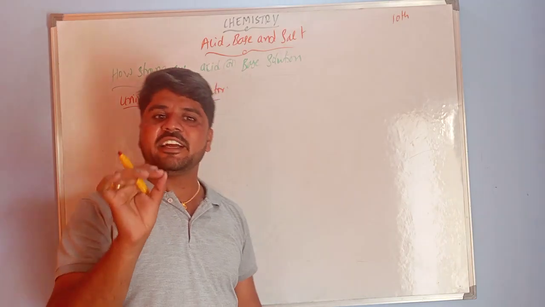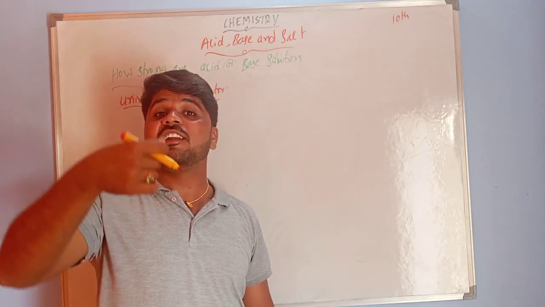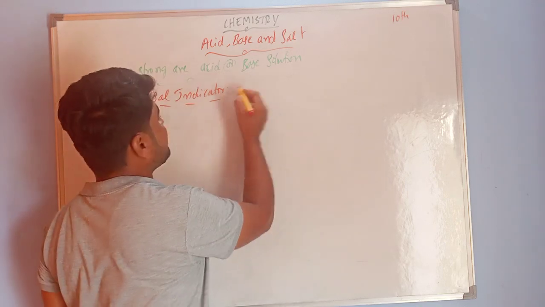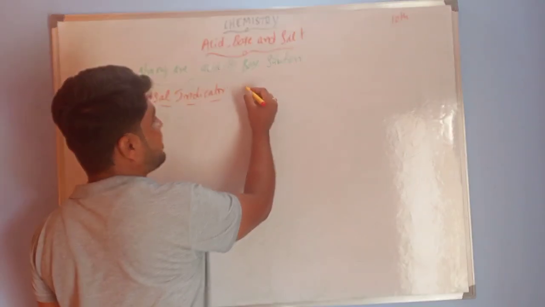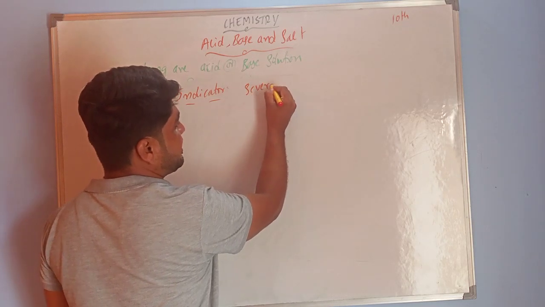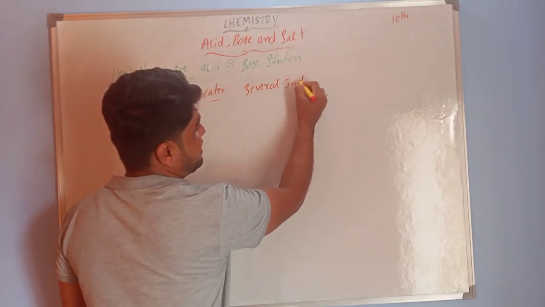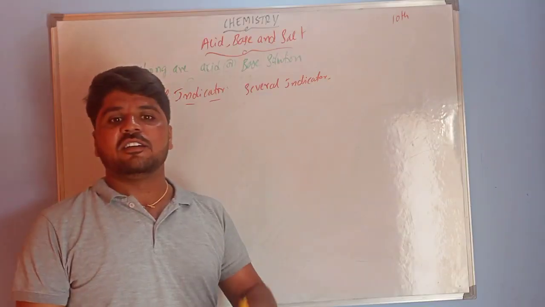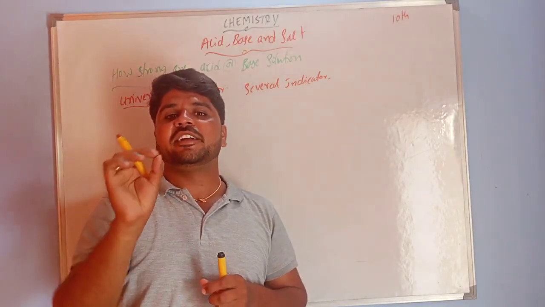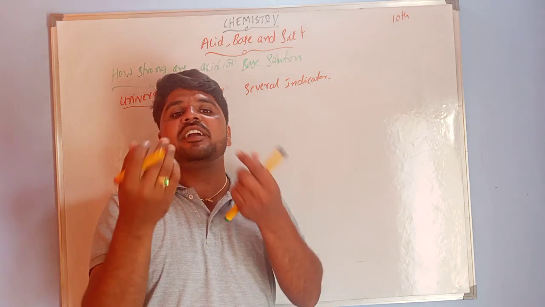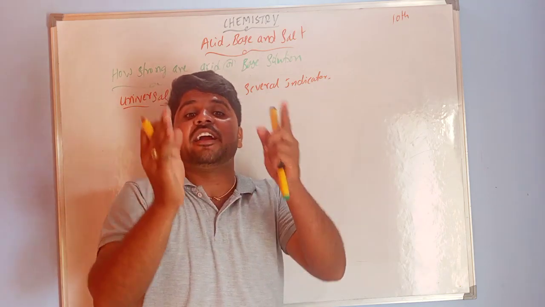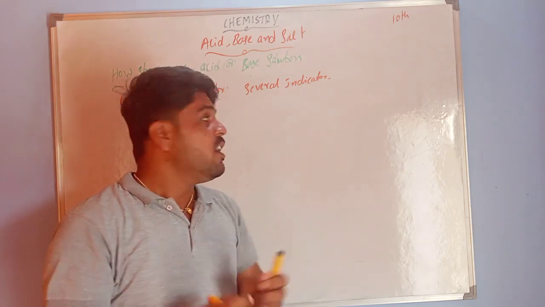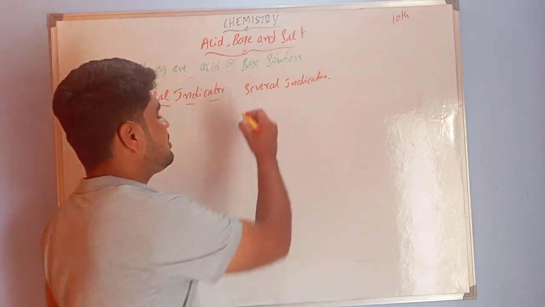A universal indicator is a mixture of several indicators, and by using several indicators, it shows different colors at different hydrogen ion concentrations in the solutions.